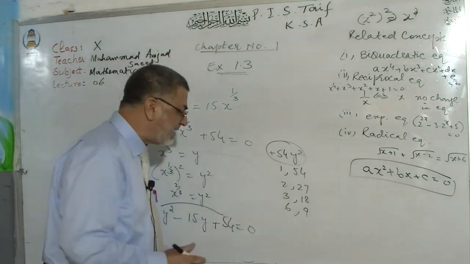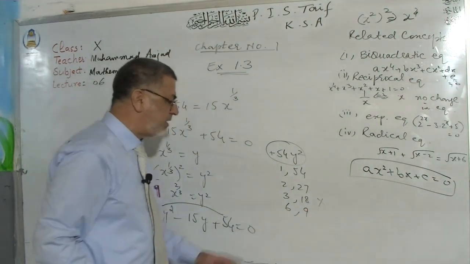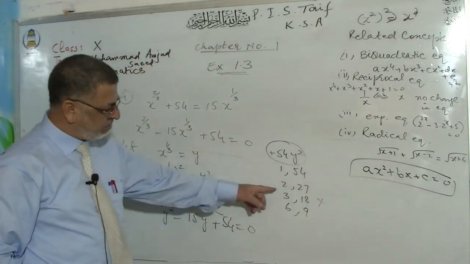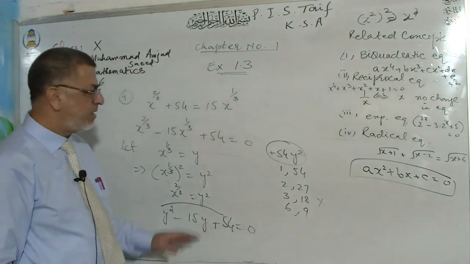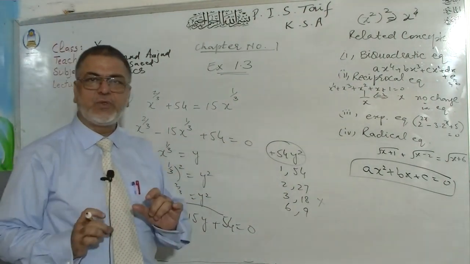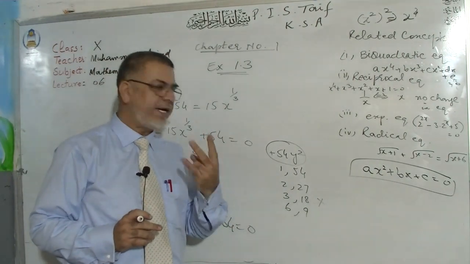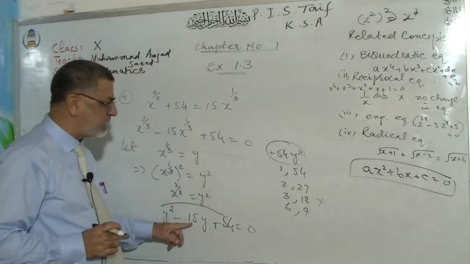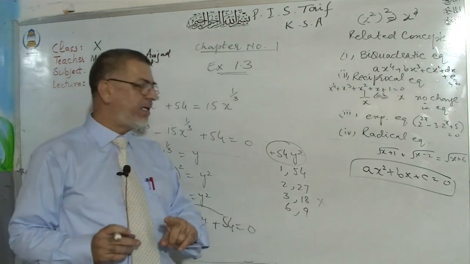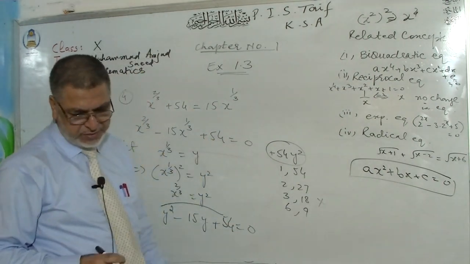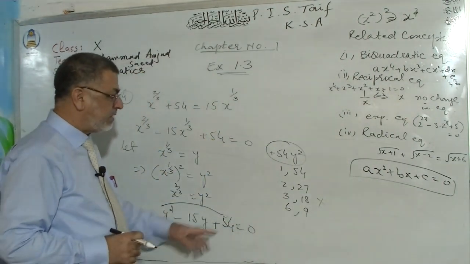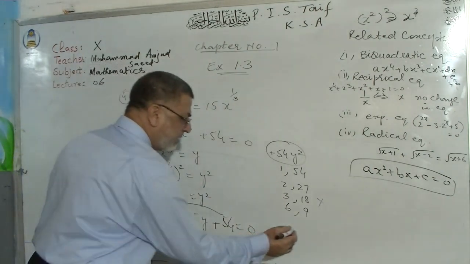So this is the reason this is not your pair. Because you have to check two things: by adding or subtracting, you must have minus 15, and by multiplying, you must get plus 54. So that's why this is not possible.